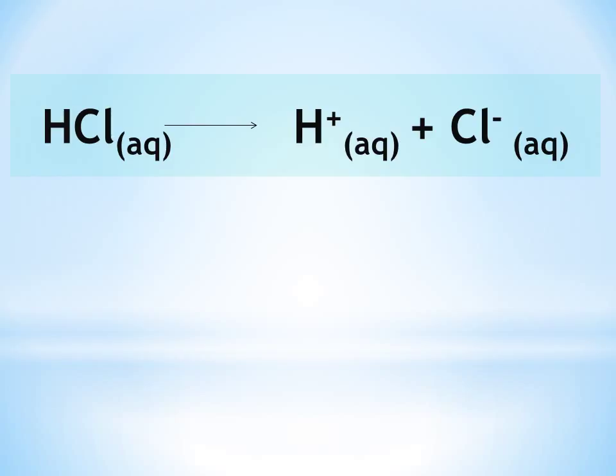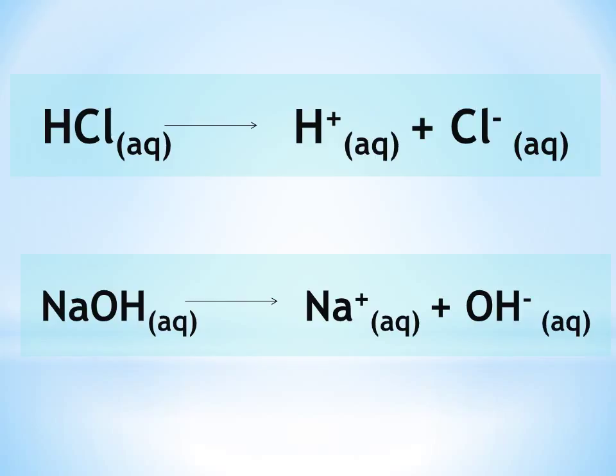So, according to Arrhenius's definition, when HCl or hydrochloric acid is in solution, it will dissociate into H plus ions and Cl minus ions. And this is when it is in water. Now, sodium hydroxide, on the other hand, will dissociate to form Na plus and OH minus ions.